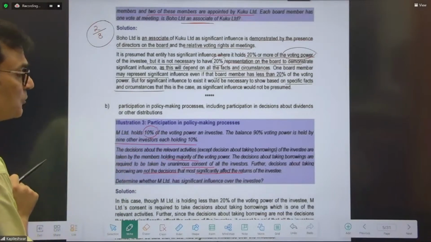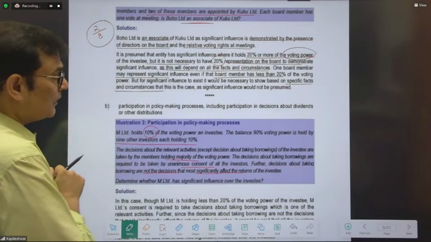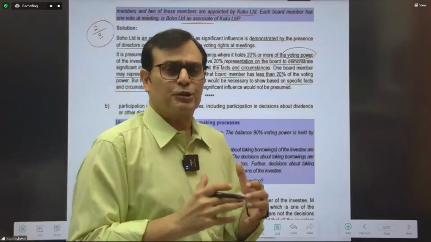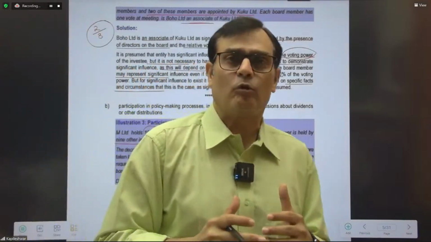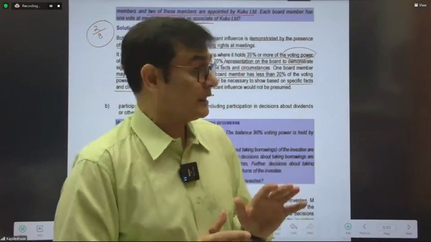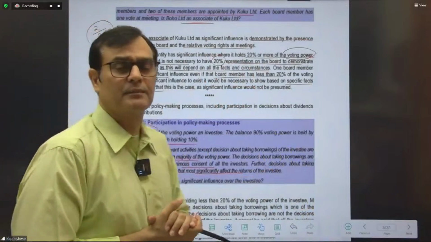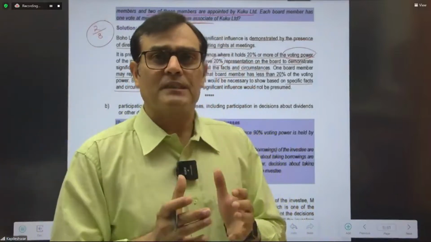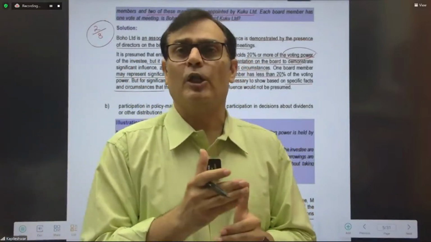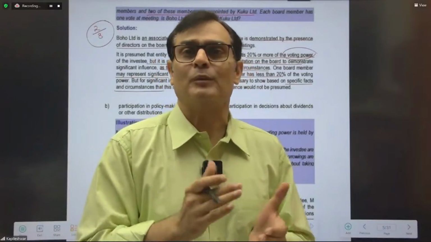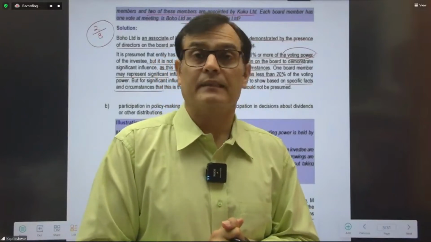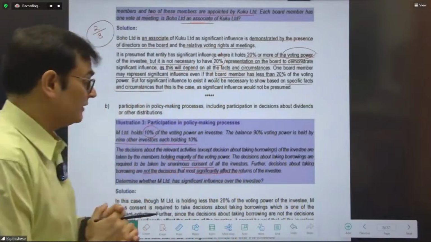Now, in this particular case, we can say one of the decisions where a unanimous consent is required is considered significant. It says it is not most significant, but yes, it is significant at the same time. So your participation in the policy making along with a percentage less than 20 might indicate that yes, there might be a significant influence.